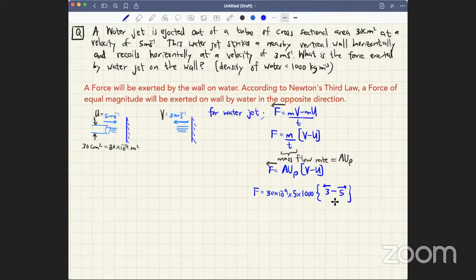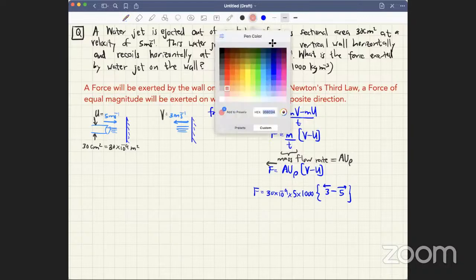I hope you understood that, because final velocity is 3 towards left, initial velocity is 5 towards right, so this minus is what I put here. Then when you multiply them, you will be able to get rid of a few.